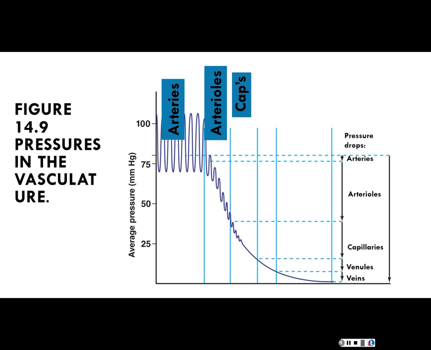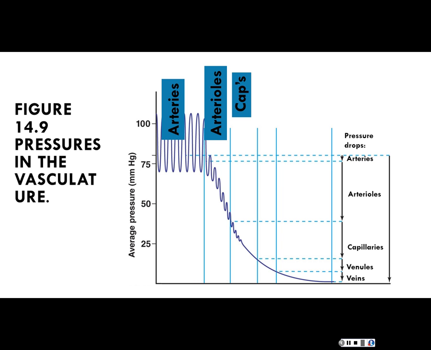A term that you can use to describe this no longer pulsatile blood flow is called laminar. Your book uses the word constant. So I could say the blood flow is laminar in the capillaries and in the venules and in the veins, and it's what in the arteries?